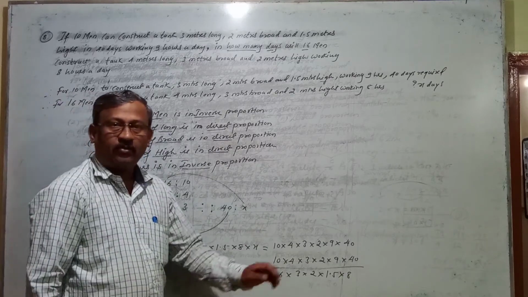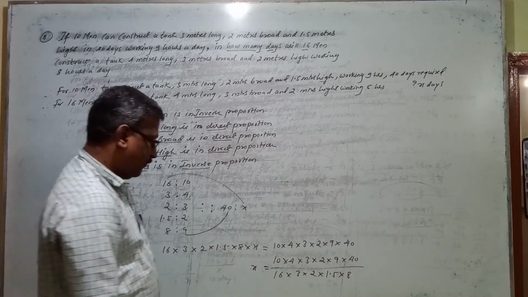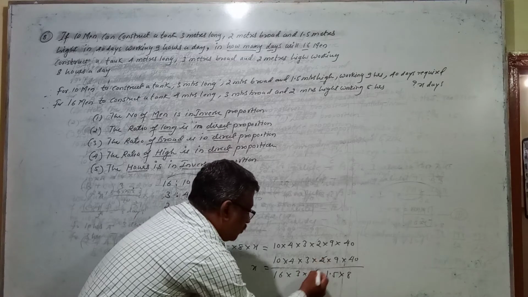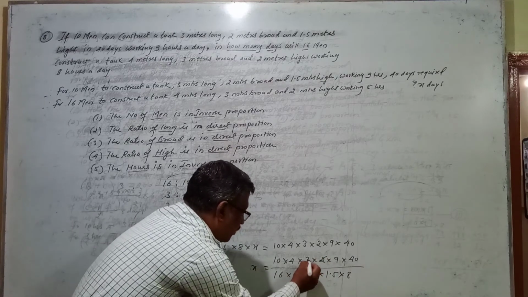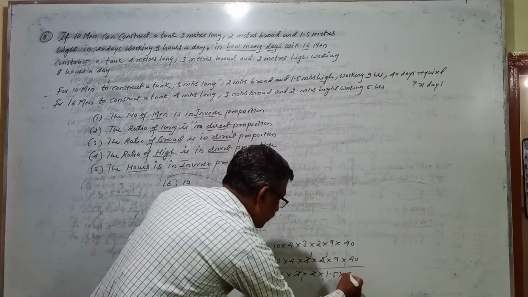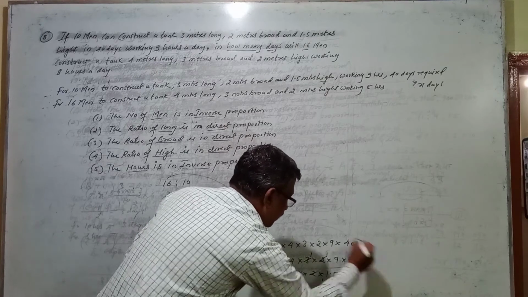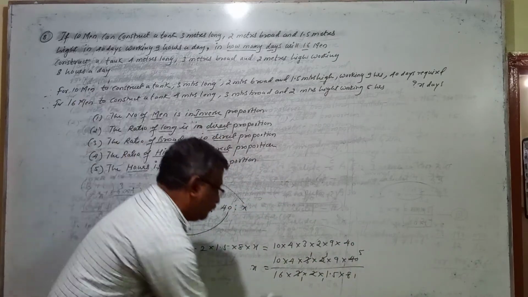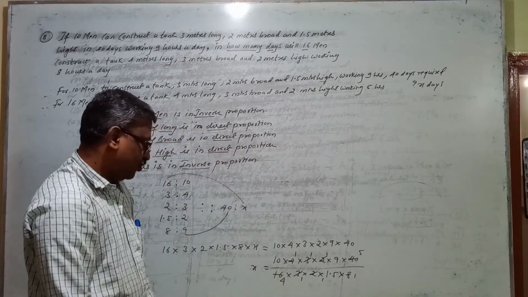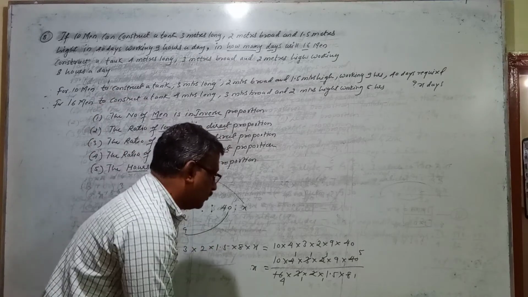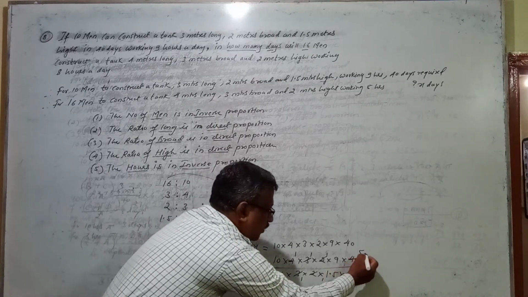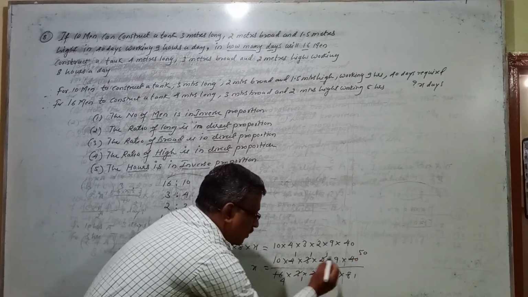Now divide this. So if we divide, these two get cancelled, these three get cancelled. Then 8 fives are 40. 4 fours are 16. Then if we cancel this decimal point, at the numerator place you have to put 10, and the decimal point gets cancelled.